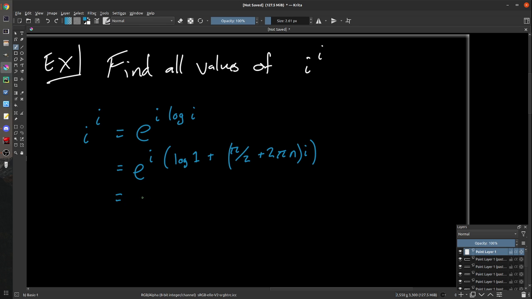And if we start to actually go through and do this, we can do a little bit of simplification if we want. e to the i, e to the, what's the log of 1? It's 0, right? So this will be pi over 2 plus 2 pi n i.